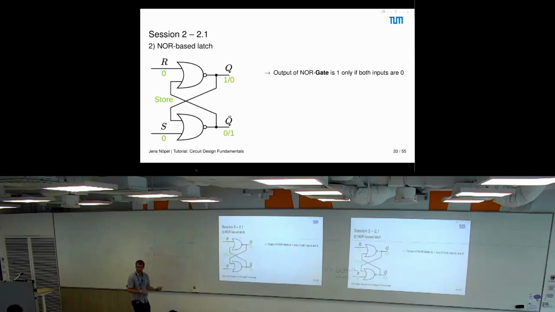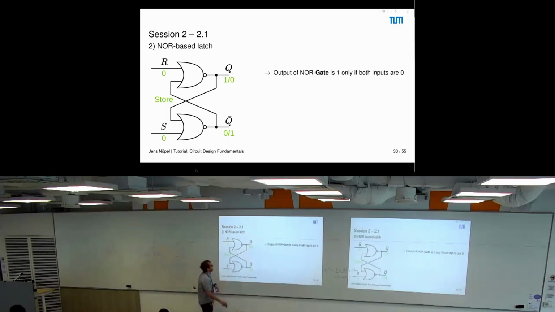So now we have the ability to actually set values, right? So now we come from this one, exchange all the inverters with NOR gates, and now if we look at the set input, so if A corresponds to S, we can set a value which is 0, and 0 is then Q naught.